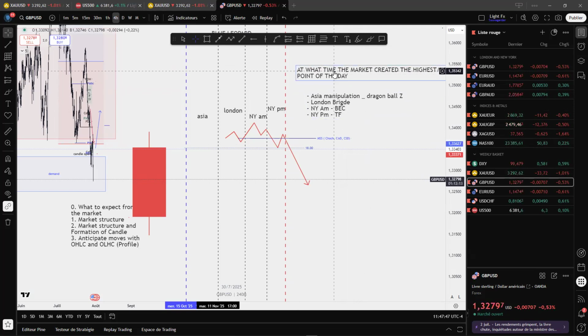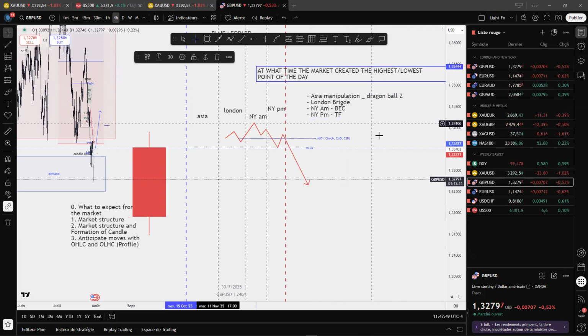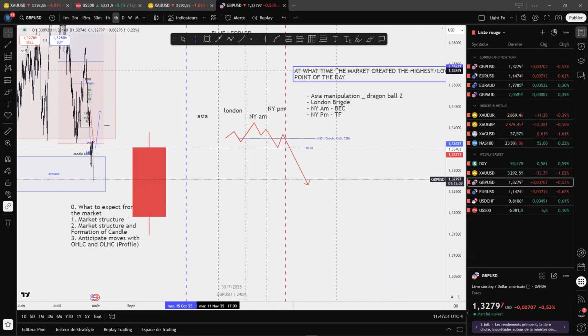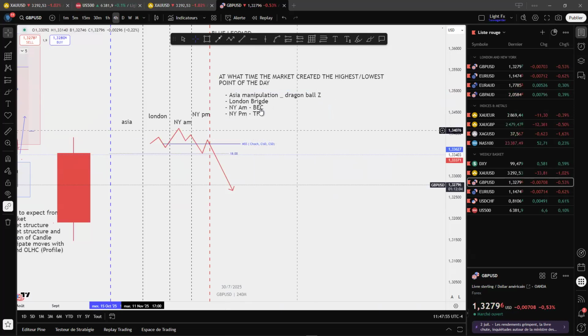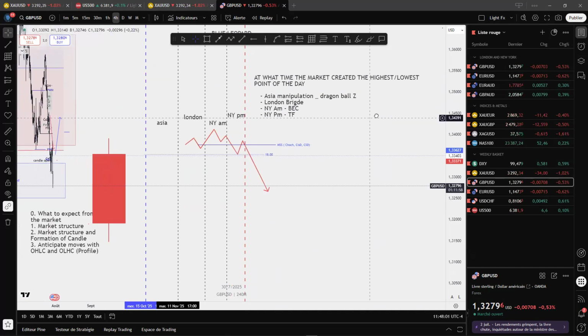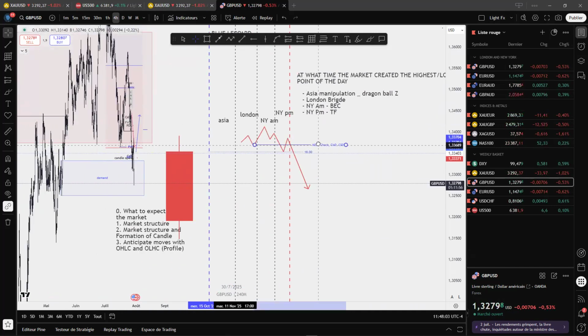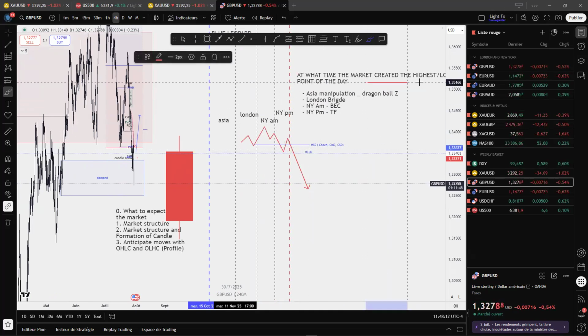The creation of that highest or lowest point of the day is what you need to ask yourself. What time did it happen? In Asia, London, or New York session? How do you confirm that is the highest point? It is when you know there has been a change in the state of delivery or a market structure shift. This reversal is a confirmation of the creation of the highest point or lowest point.